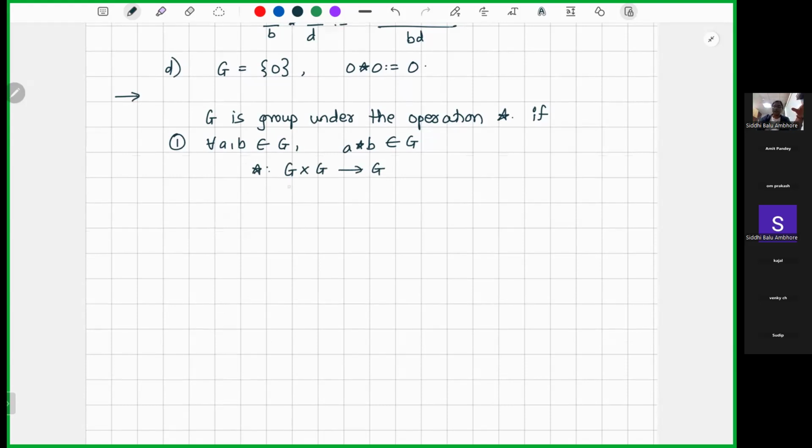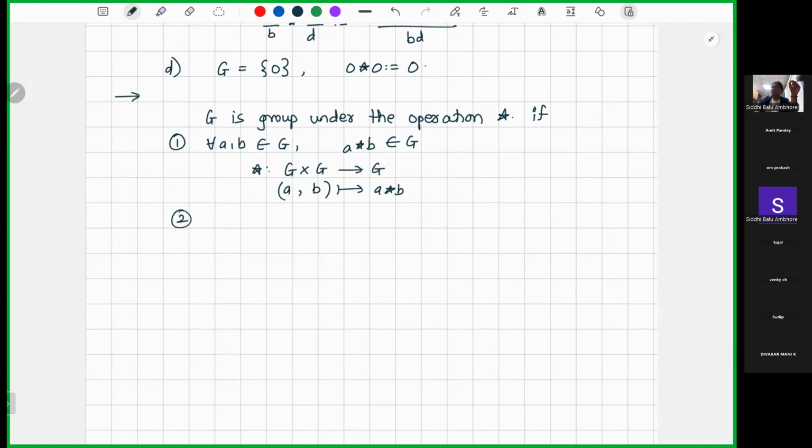When I take two elements from G and apply this star operation, A star B, it must land in G. So this is my first condition. The second condition is that for all A, B, C in G, I must have associativity.